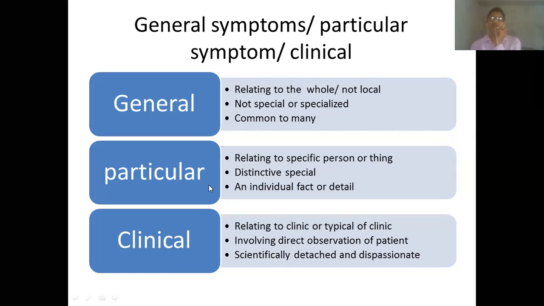Particular means relating to a specific person or thing, distinctive, special, an individual fact or detail. But the sense in which we use this term in homeopathic materia medica is opposite to general. Opposite to general is what? It is not related to the whole. It is related to the local part, the specific part. So general symptoms are the symptoms which are related to the whole body, representing the whole body, and particular symptoms are the symptoms which relate to a specific part of the body.